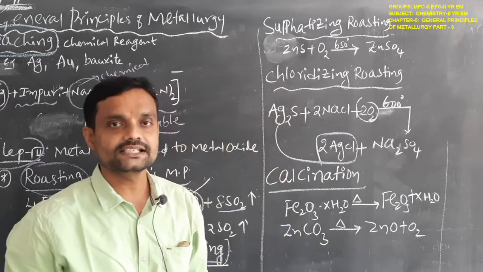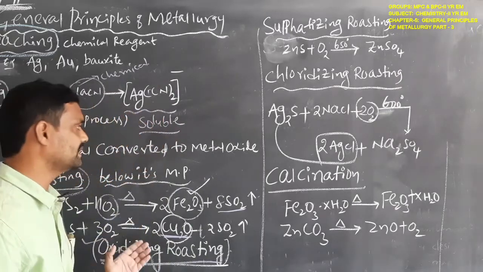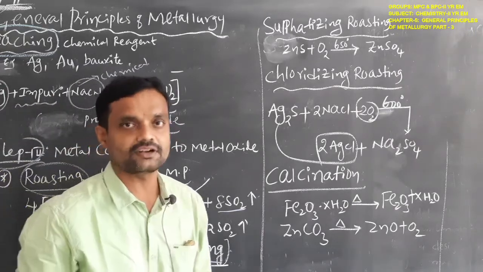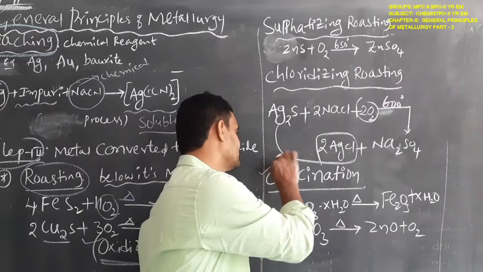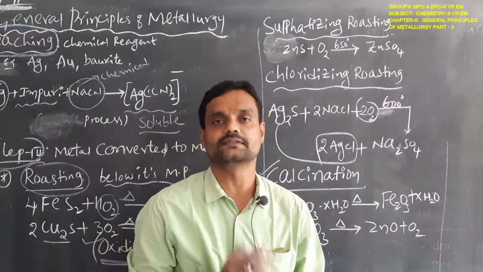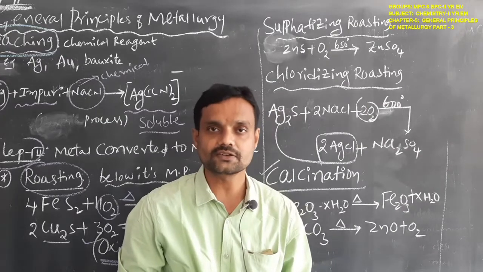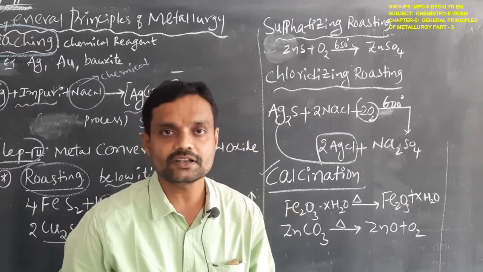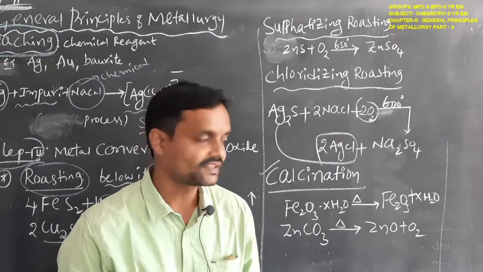Next, another method used when the metal is converted to its metal oxide form is the calcination process. Simply, it is exactly the reverse of roasting. Okay student, roasting means heating of the ore in presence of excess air.